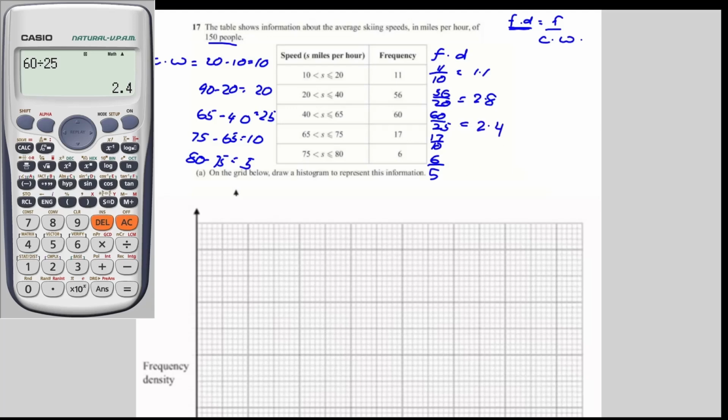Next one, 1.7. Next one, 6 divided by 5 is 1.2.